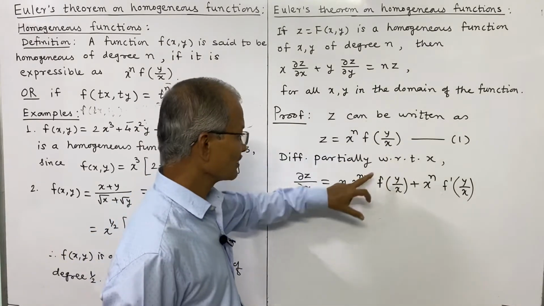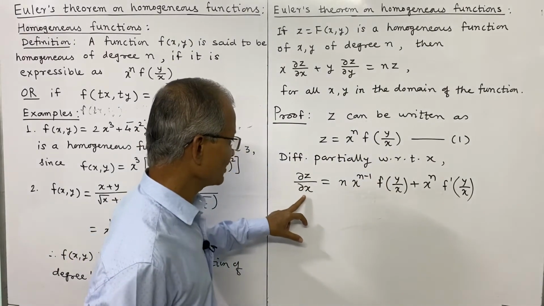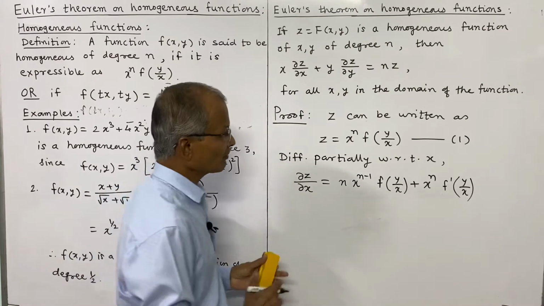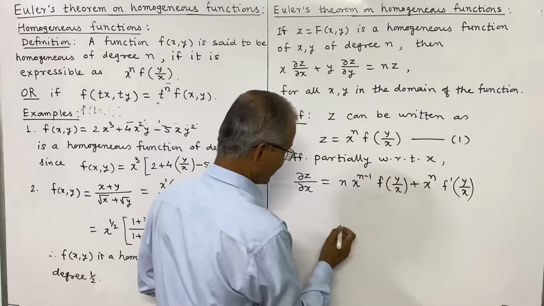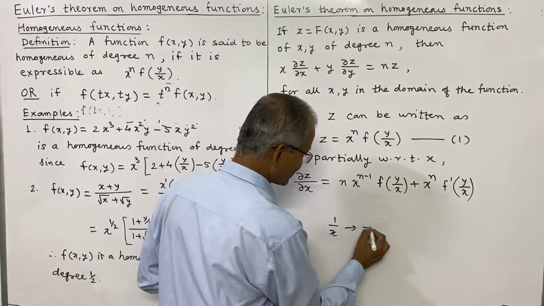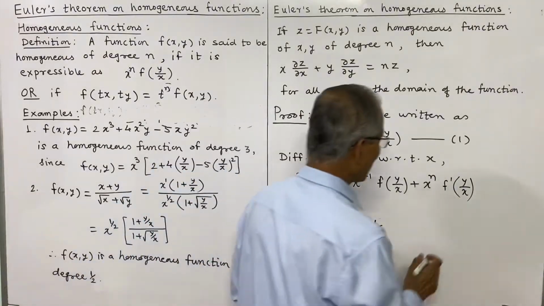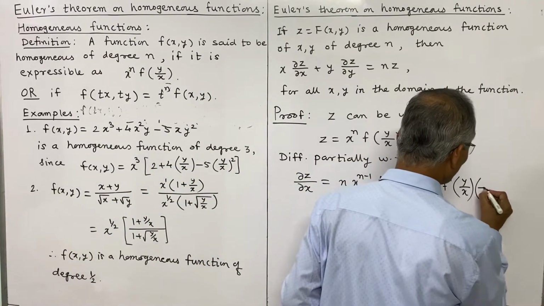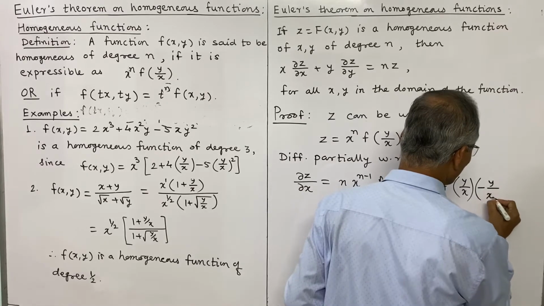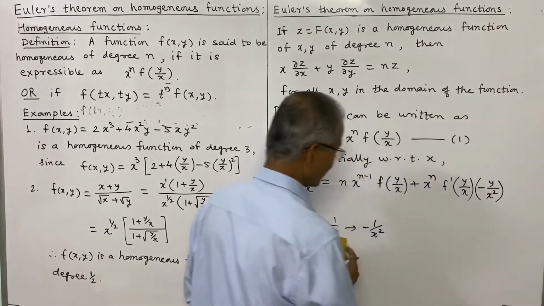Y is constant when we are differentiating partially with respect to x, and therefore we have to write the derivative of 1 by x. The derivative of 1 by x is negative 1 over x square, and y is constant, therefore this will be negative y over x square.